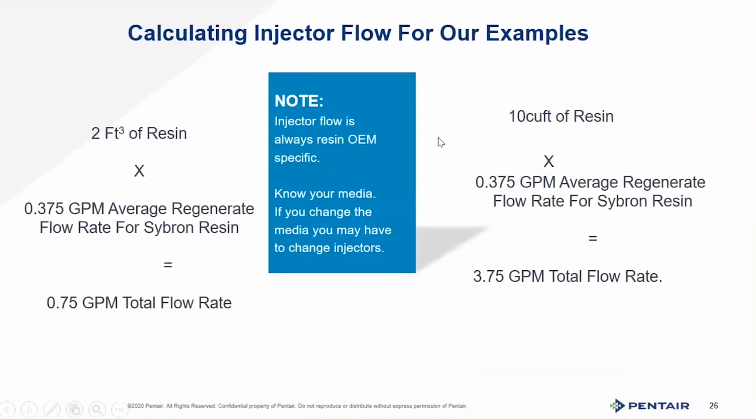The commercial case at 10 cubic feet, 0.375 times the cubic feet of resin, I get 3.75 GPM total flow rate. Note, this is specific to the resin manufacturer, not to the valve. You're selecting this for the resin.